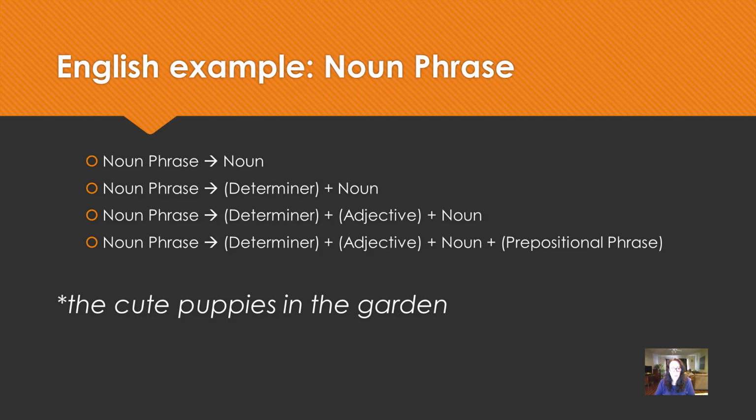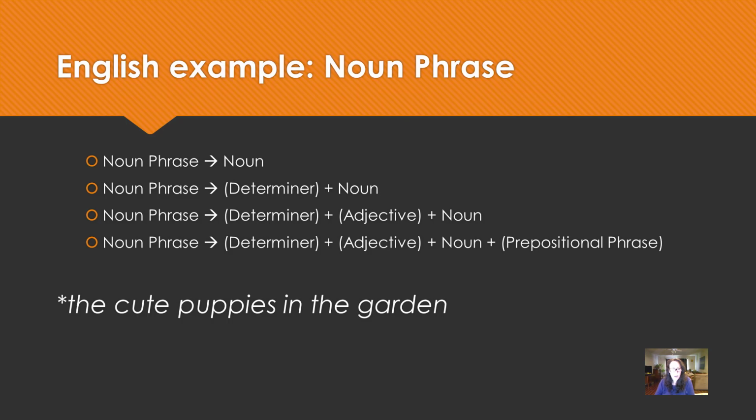So here's an example, the cute puppies in the garden. That is the noun phrase that we're looking at. And so we can have noun phrases that are made up of single nouns, and those would be puppies, garden. Then we could have noun phrases that are made up of a determiner plus a noun, and there's one here, the garden.